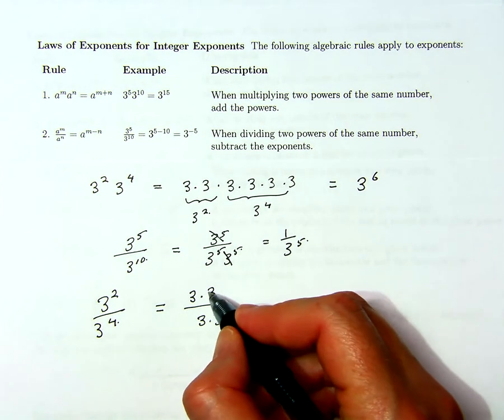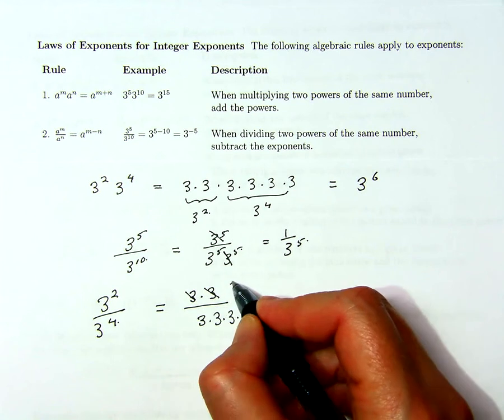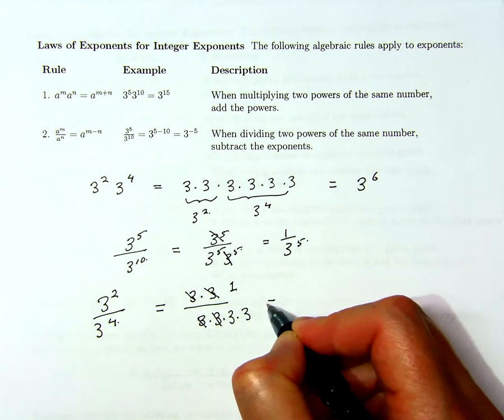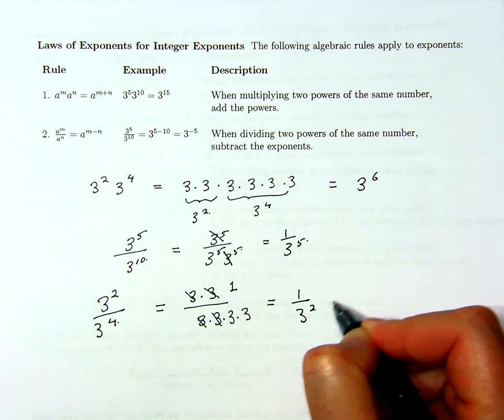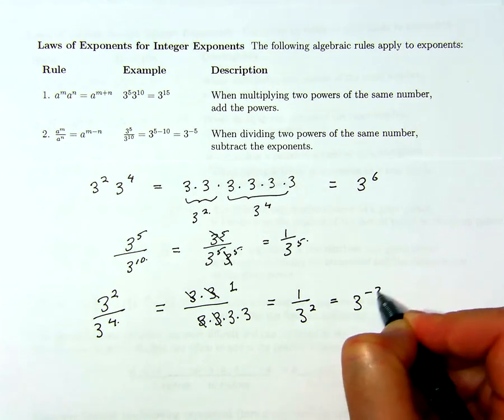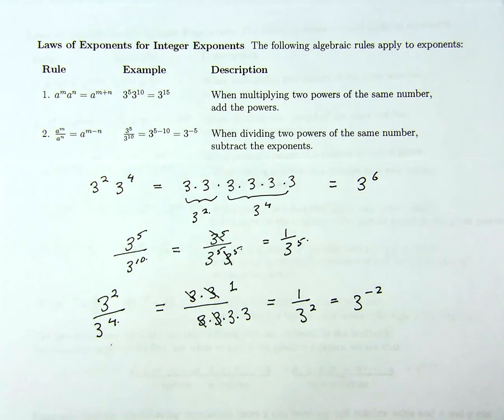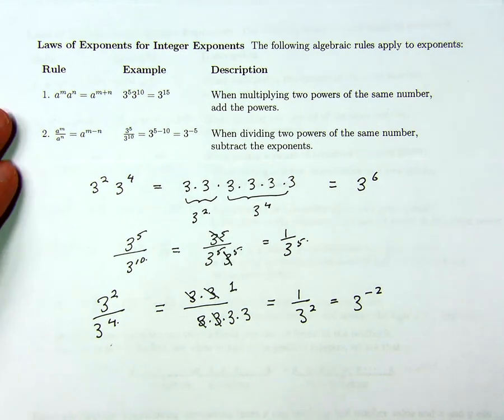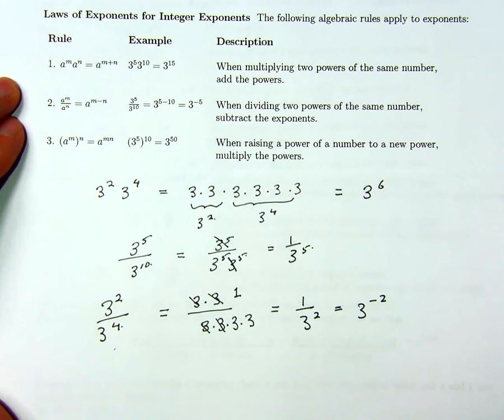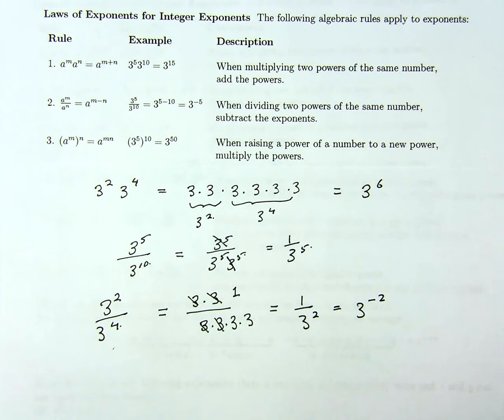And now you can cancel two of these, and you get 1 over 3 squared, which is 3 to the minus 2, which is indeed 2 minus 4. Again, the general proof is very similar. It just involves a's and m's and n's instead of 3's and 2's and 4's.